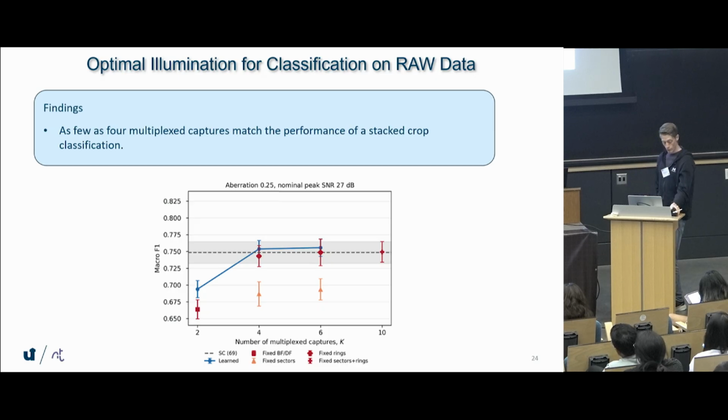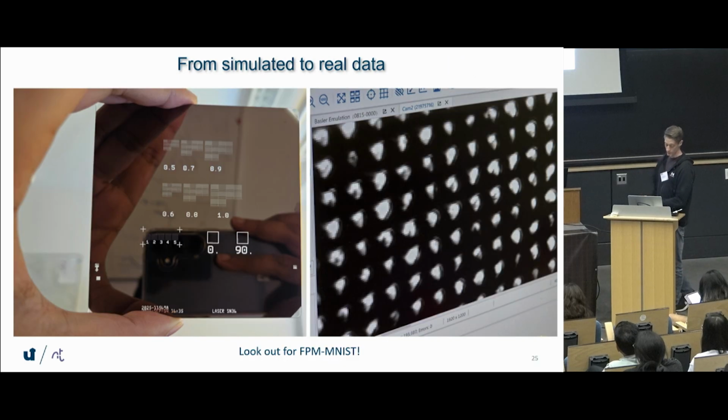This was, of course, all so far just simulation-based, but we are currently working towards also capturing this in real life, and we are quite excited that we have printed the famous MNIST handwritten dataset on a wafer.